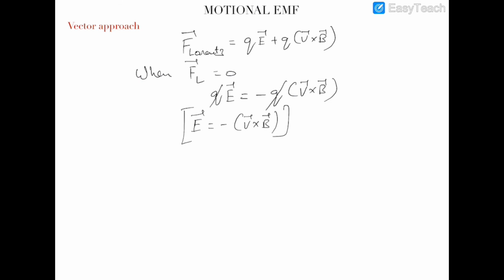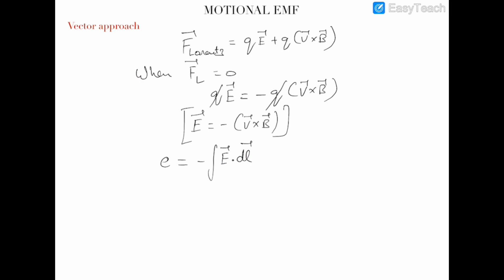Now due to this electric field, the potential difference will be induced in the conductor, which is also known as the EMF induced, and we know that the potential difference or the EMF is related to the electric field as E dot dl, where dl is the elemental length of the rod.